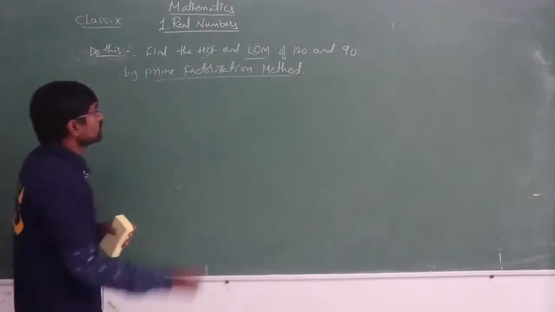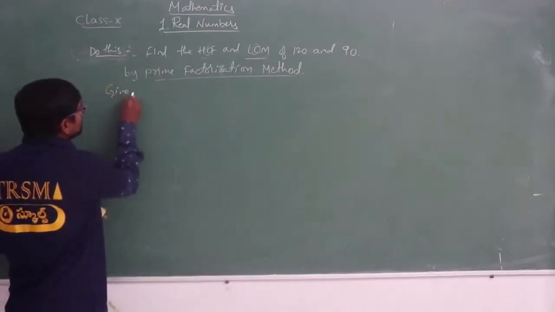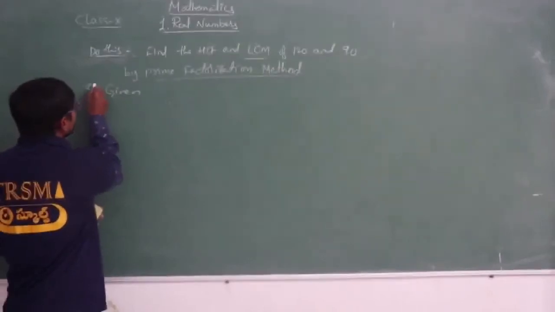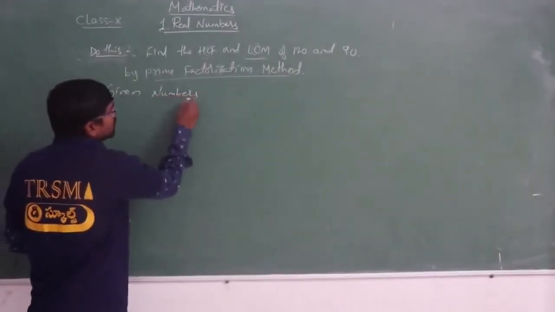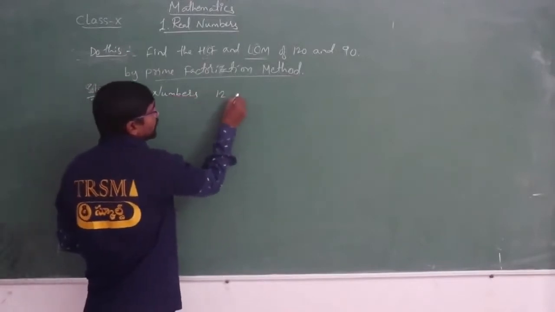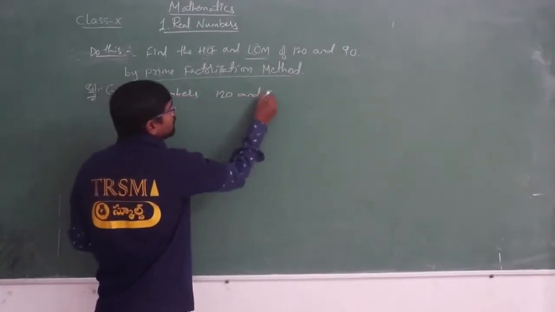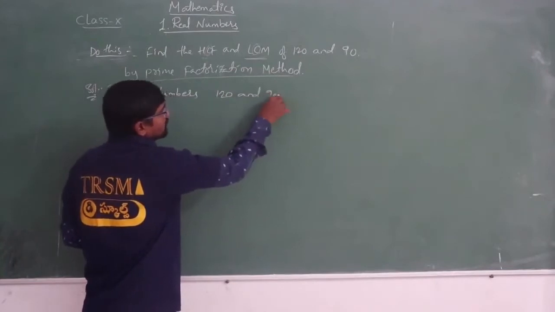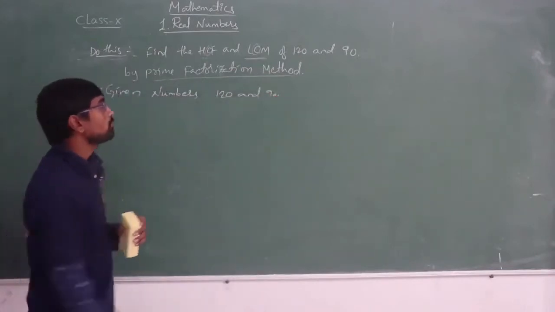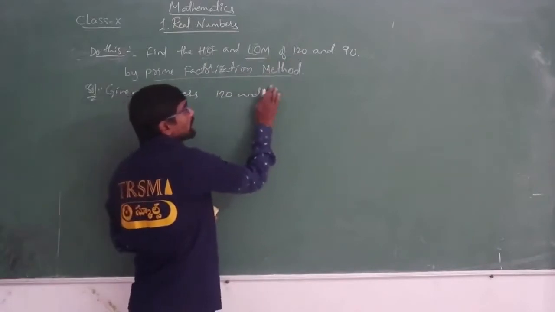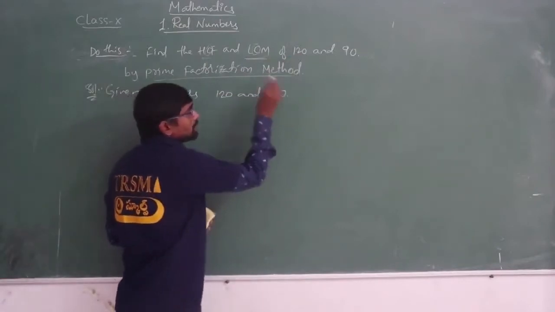Now what has he given? Given numbers, 120 and 90. So he has given two numbers, the first number is 120 and the second number is 90.